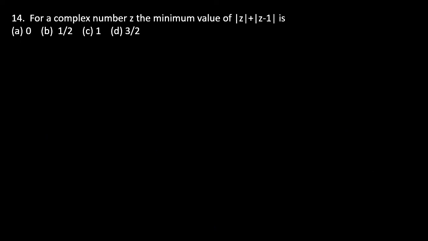We have to find the minimum value of mod of z plus mod of z minus 1. Now we can write 1 as z minus (z minus 1).